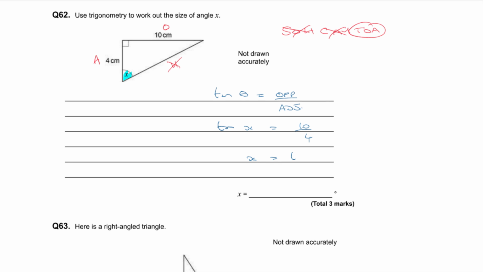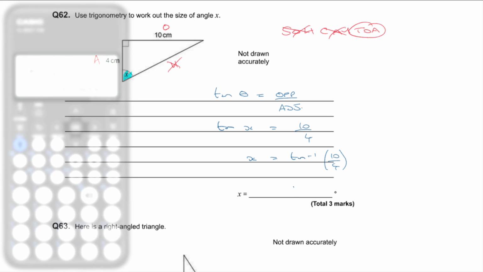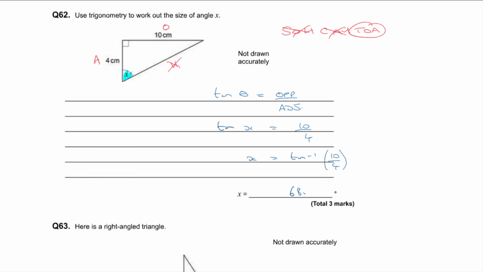So x is equal to tan to the minus 1 of 10 over 4. So you're going to type that carefully in the calculator. You're going to have to press the shift key, shift tan, and then 10 over 4. That comes out to be 68.2 to the nearest decimal point, then, isn't it? So 68.2.